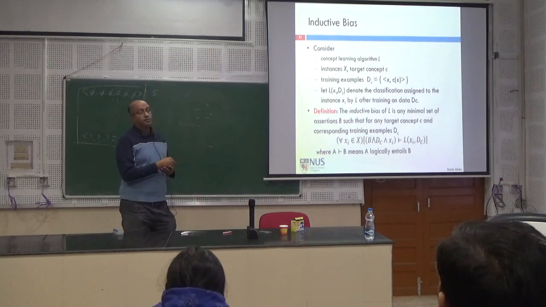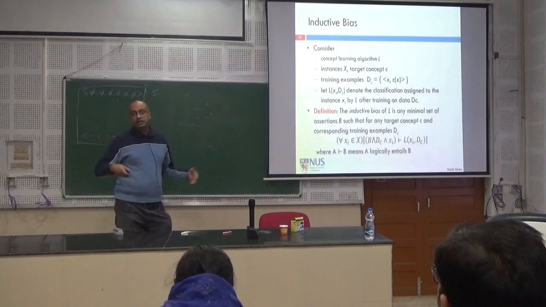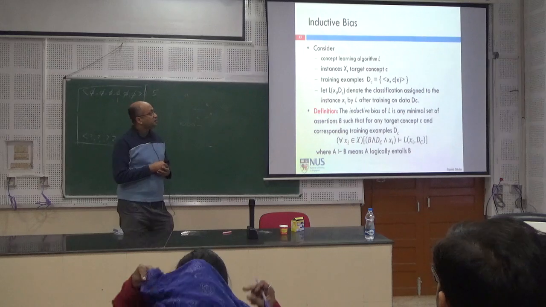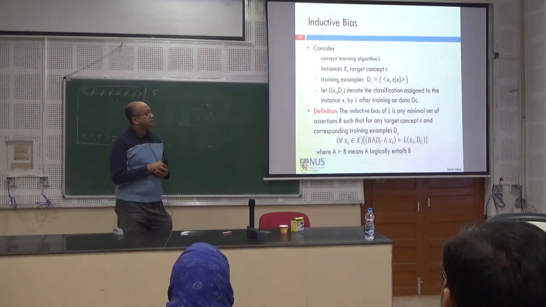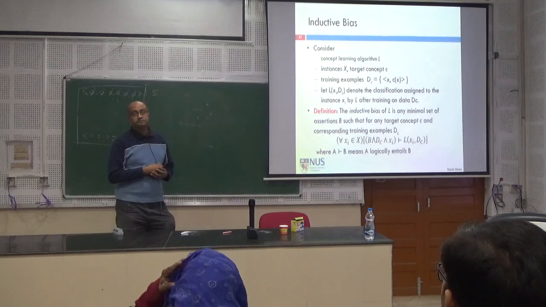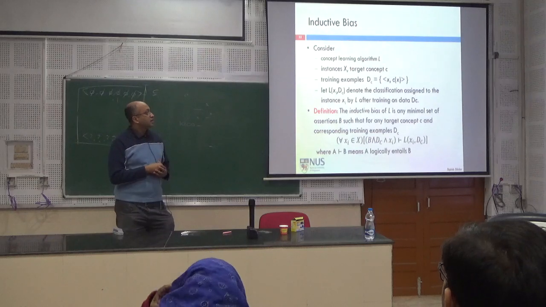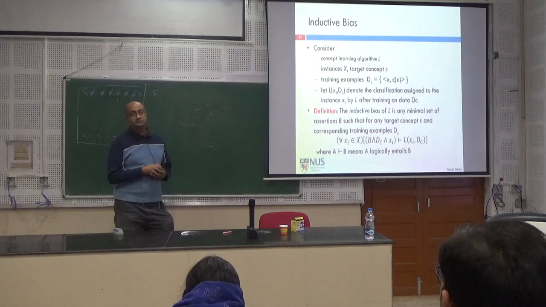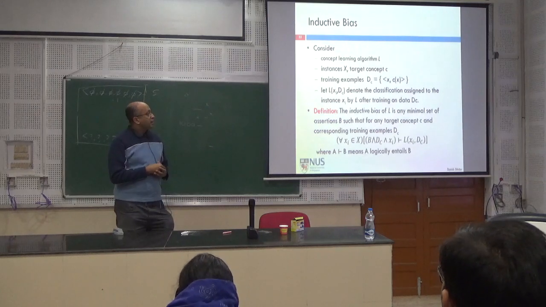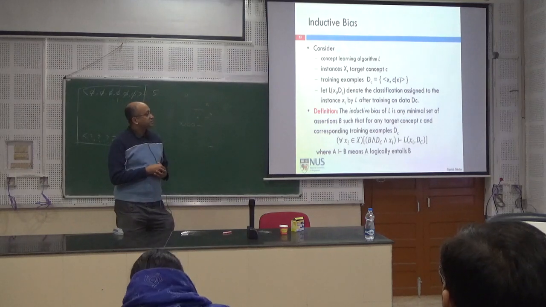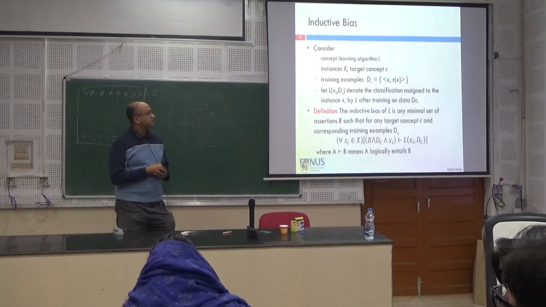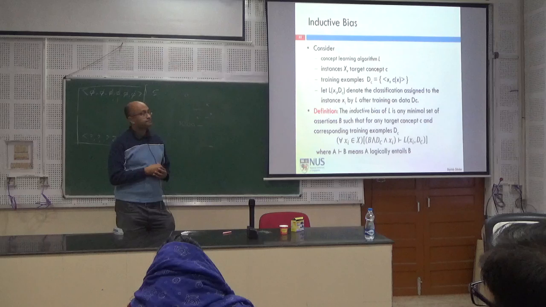We have an algorithm L, maybe Find-S or Candidate Elimination, whatever you have. Then you have your training samples and the target concept. These are the instances and the target. The training samples have X and the output of X, which is the classification that you assign to a particular input sample.